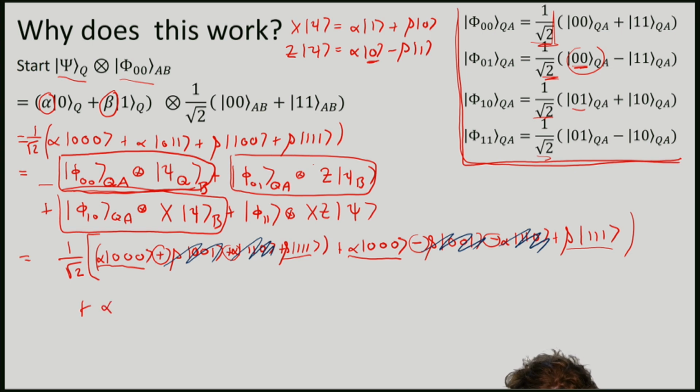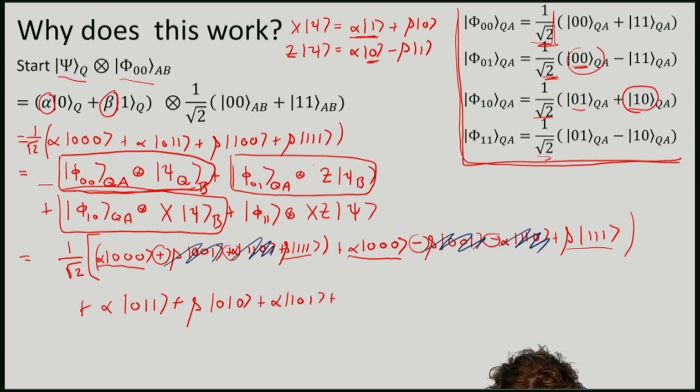I have alpha times 0 1 1 from here, plus 0 1 0 with beta. Now comes this portion, plus 0 1 1 with alpha, plus, and now we have this part with that part, 1 0 0 with beta. So this is what I get from here.